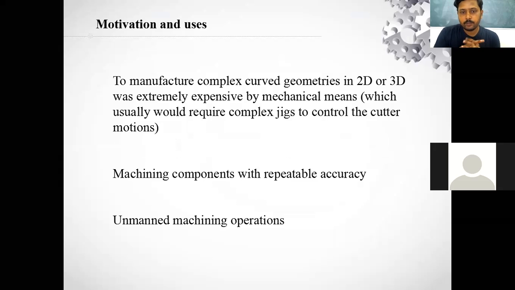They say that manufacturing complex curved geometries in two dimensions or three dimensions was extremely expensive by mechanical means. In earlier days, before the era of CNC machines, traditional machines were used, like lathe machine, drilling machine, milling machine, shaping machine, etc. So the shape of the product was not so complicated at that time.